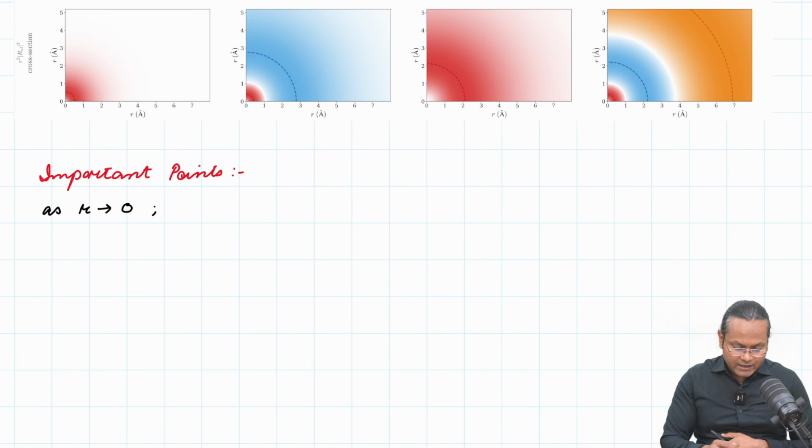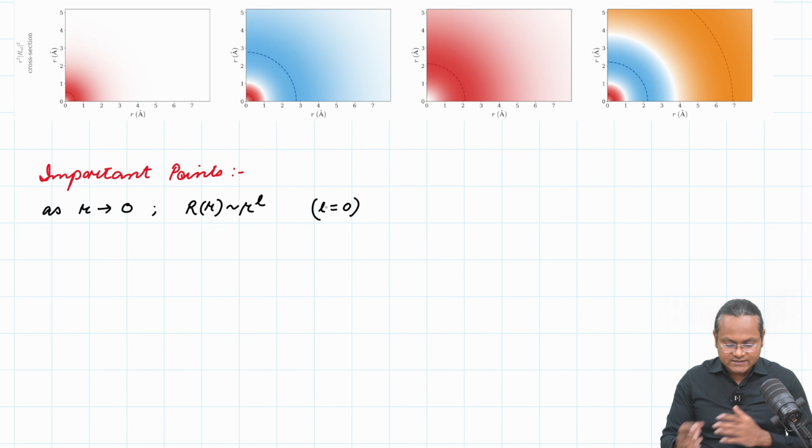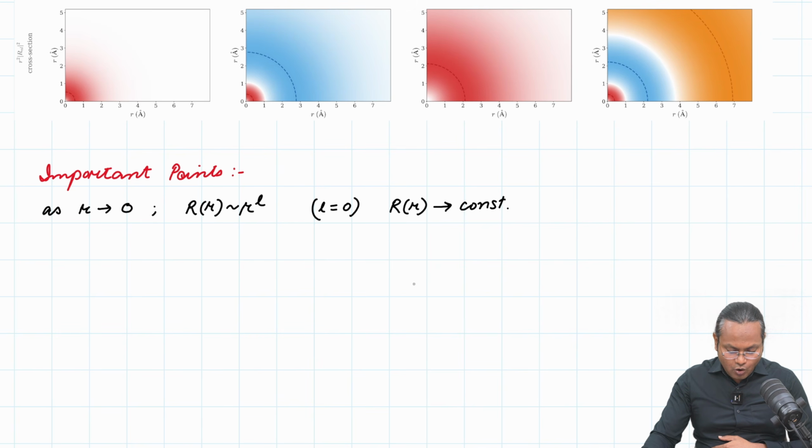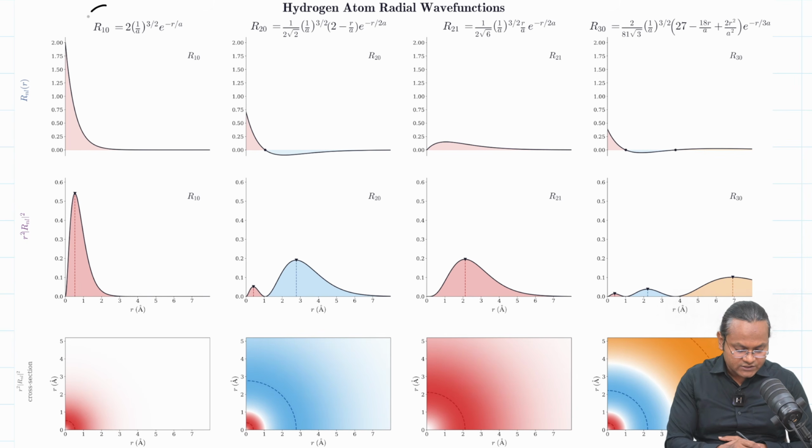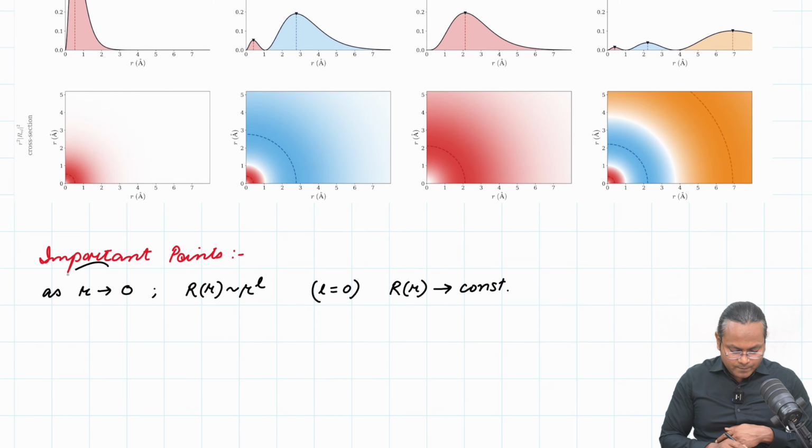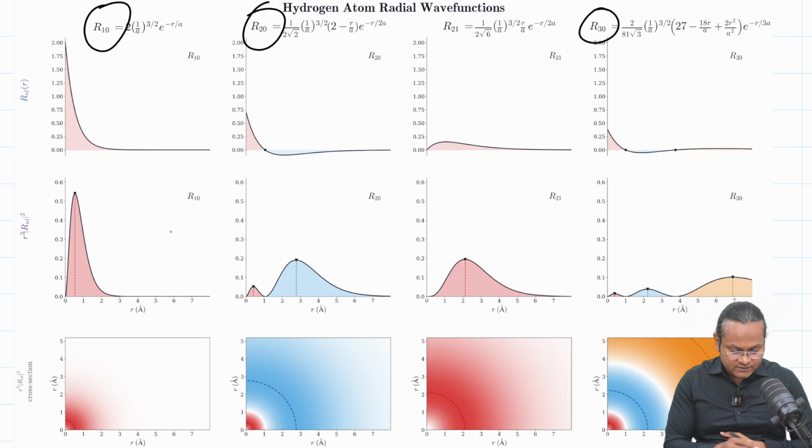If r to the power L dominates, then for L is equal to 0 values, which we will call S states, r to the power L essentially goes to some kind of a constant value here. So for all L is equal to 0 cases, at radius 0, you end up getting some constant amplitude. This is an important takeaway here.